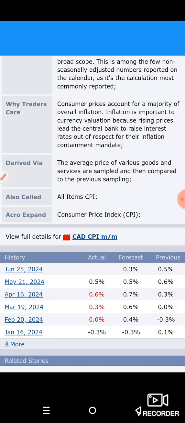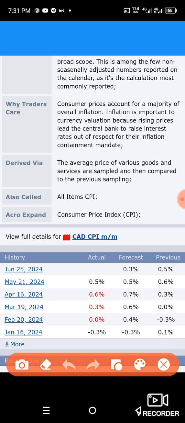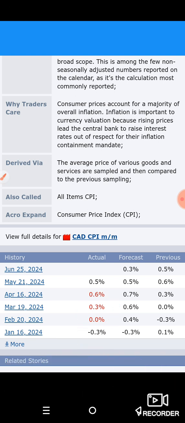Let us look here. Let us look at these three, 1, 2, 3. Let us look at that data and see how it looks. If you come to this data now, you can see on February 20, the actual is 0.0, forecast 0.4, while previous is minus 0.3.